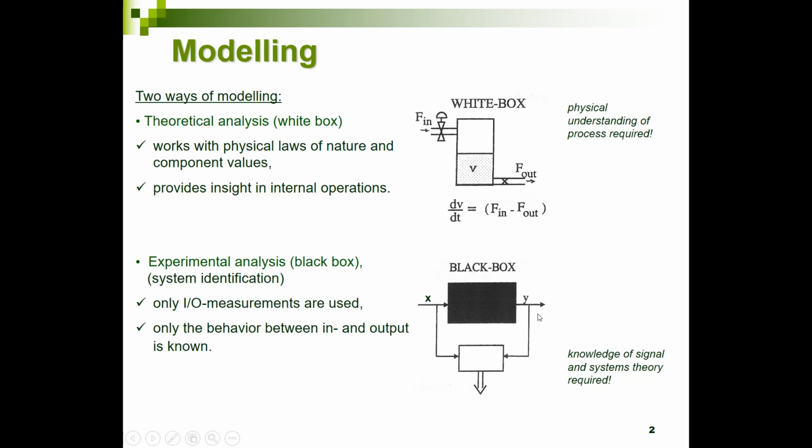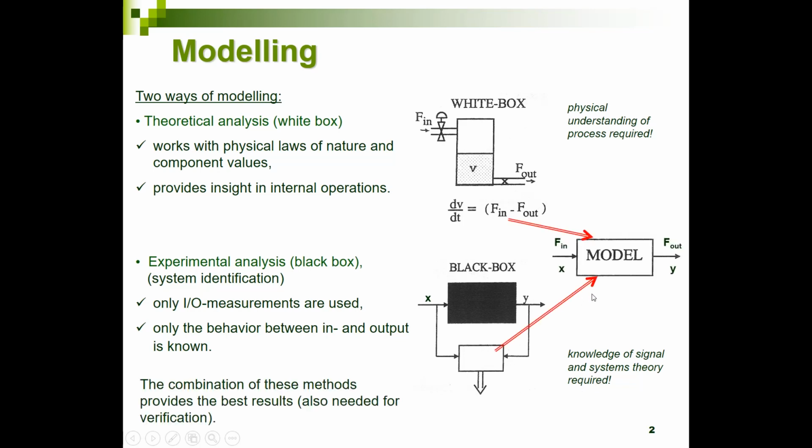And based on the output and input signals, we can derive the relationship between the output and the input, so how the model behaves, so what the system behavior will be. So in that case, knowledge of signal theory and system theory is really required. And the combination of both models, of course, provides the best results. So then you can verify a white box model by doing experiments, so by doing black box modeling.